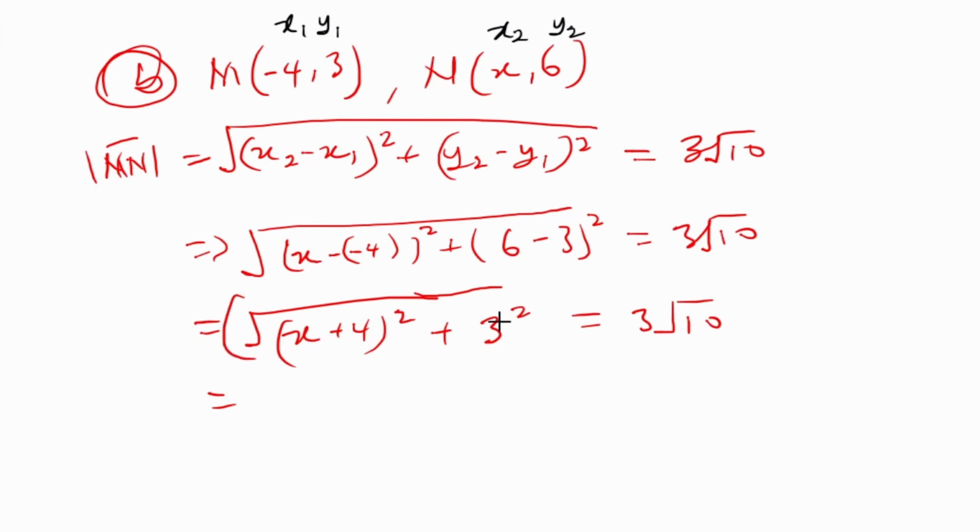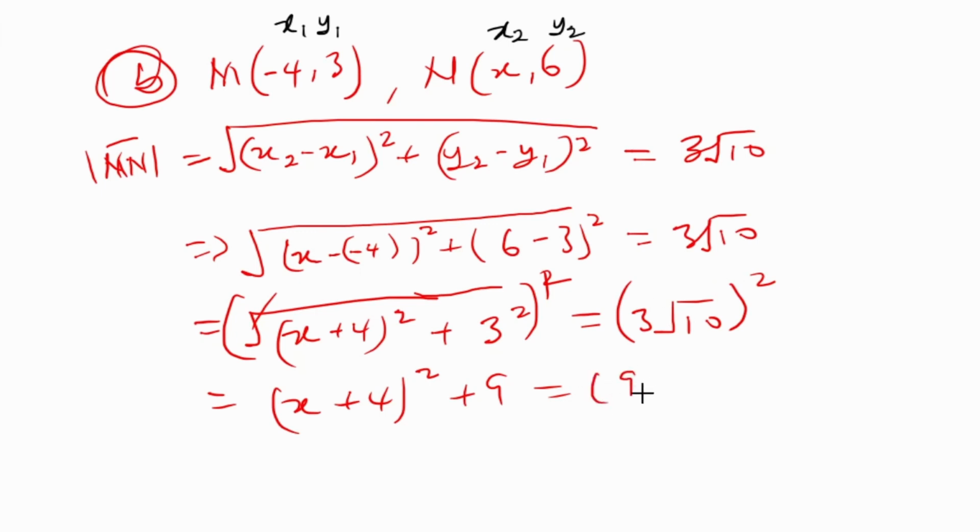So squaring both sides, this square will just cancel the square root. I'm going to have x plus 4 all squared plus 9 being equal to this one squared, with 3 squared being 9, then times the square will cancel the root, so 10.